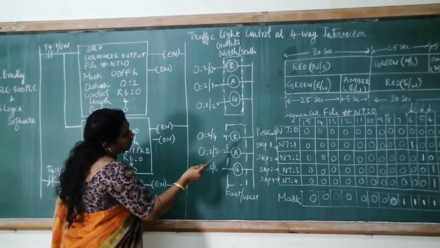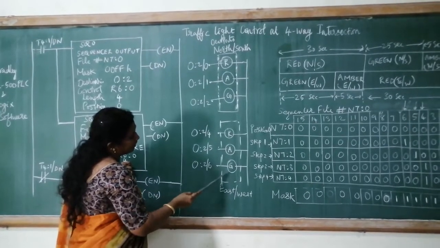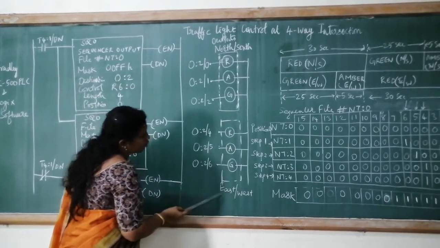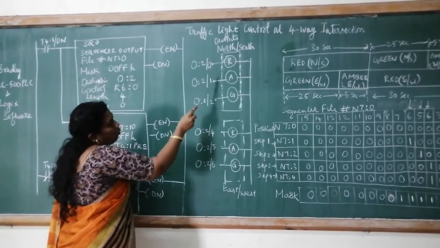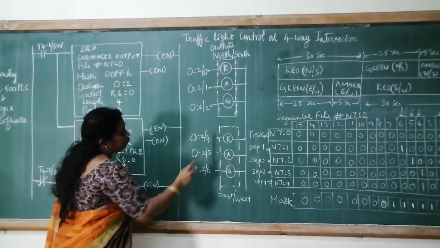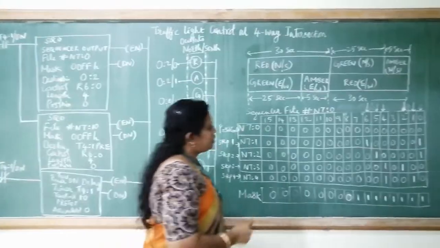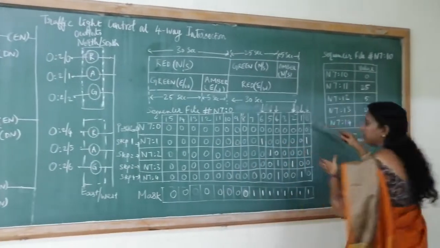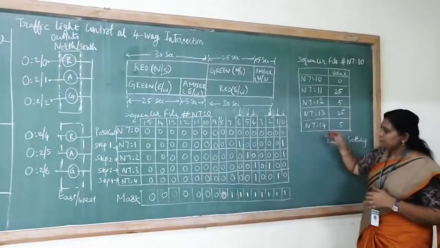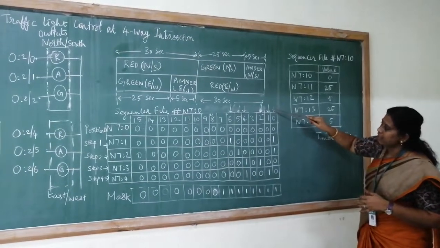Similarly, bit 4 is the red light, bit 5 amber, and bit 6 green in the east-west direction. So I have mapped bits 0, 1, 2 for north-south and 4, 5, 6 for east-west. Coming over to the file table, bit 0 is connected as I said here.